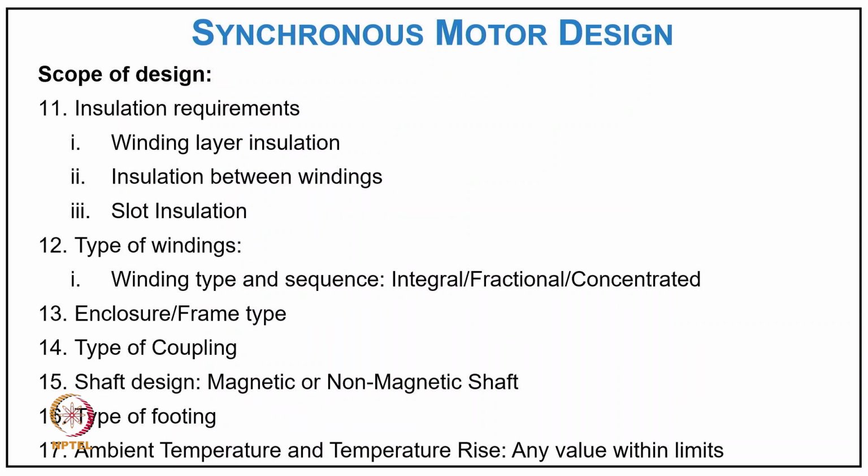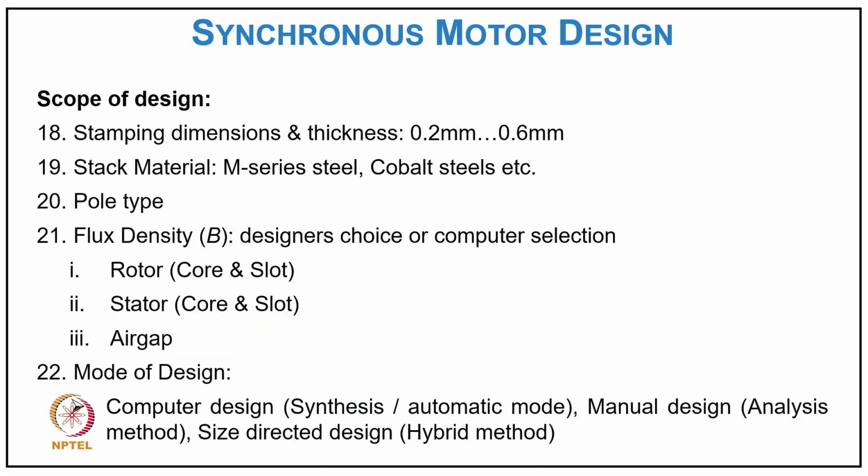Then, 11, insulation requirement: the winding layer insulation, insulation between winding and slot insulation; 12, type of winding, winding type and sequence like integral, fractional, concentrated; 13, enclosure like frame type; 14, type of coupling; 15, shaft design, magnetic or non-magnetic shaft; 16, type of footing; and 17, ambient temperature and temperature rise and values within the limit.